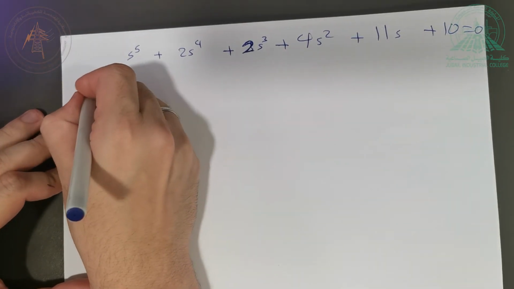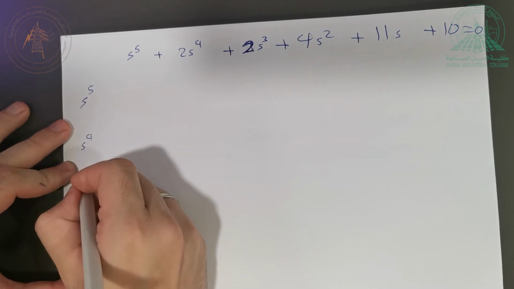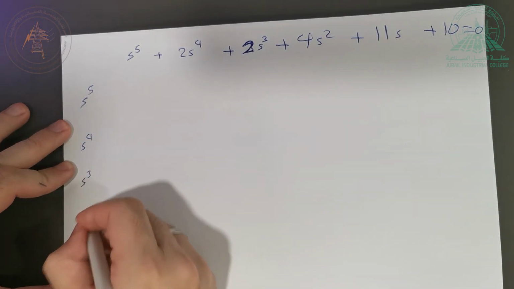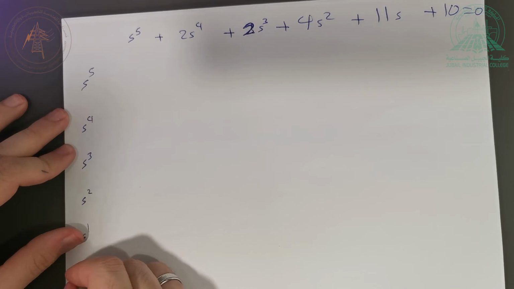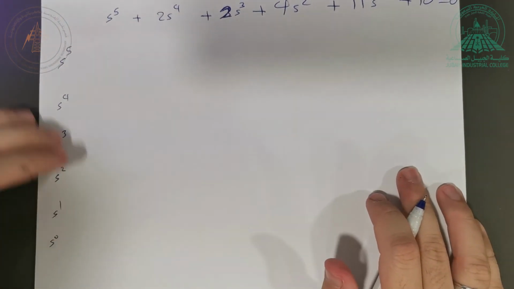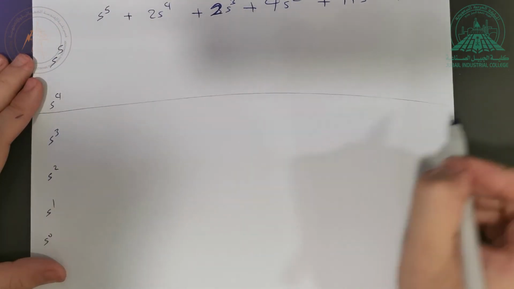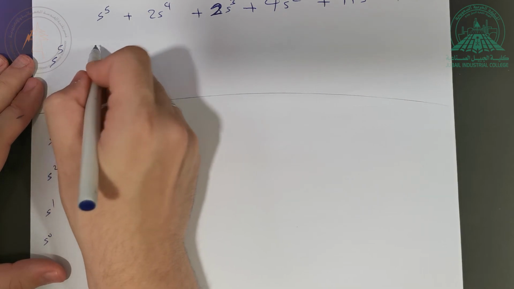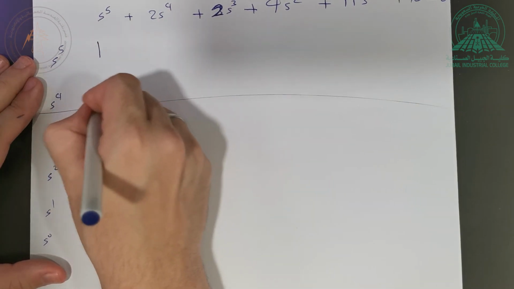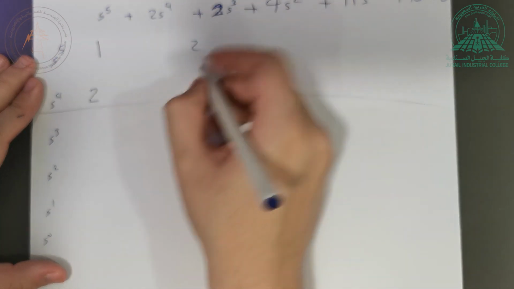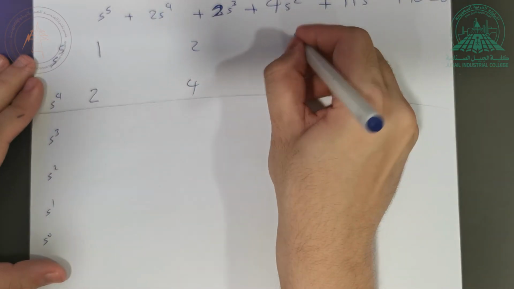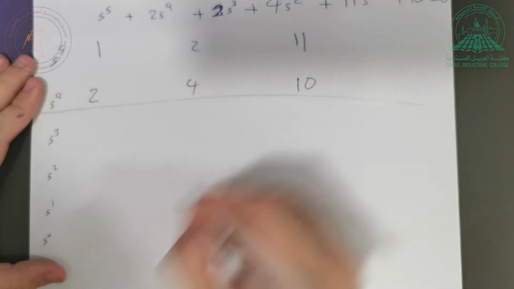So s5, s4, s3, s2, s1, s0. We fill these elements: 1, 2, 2, 4, 11, 10.